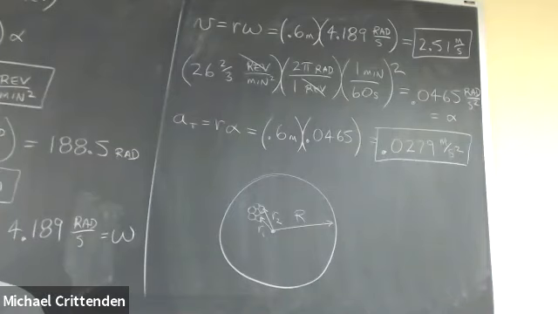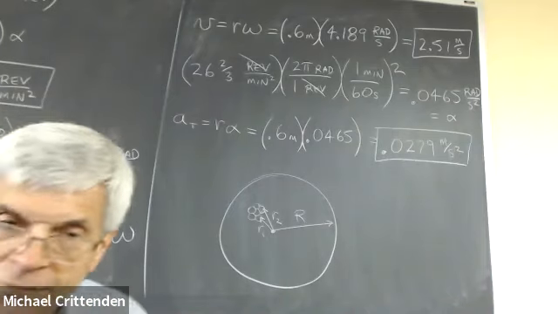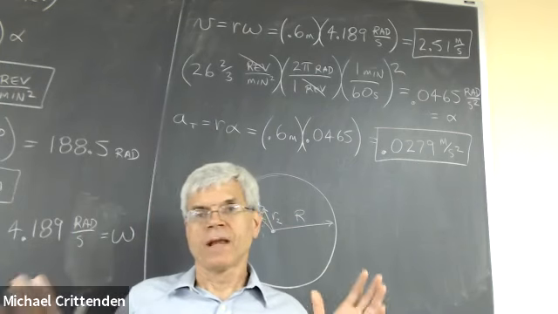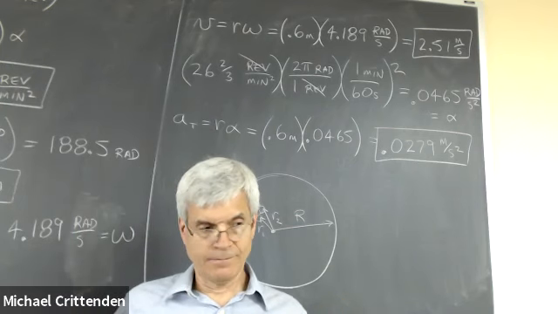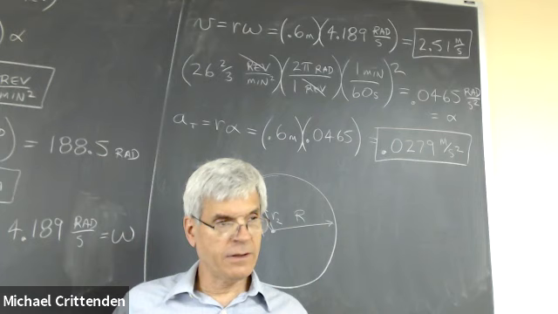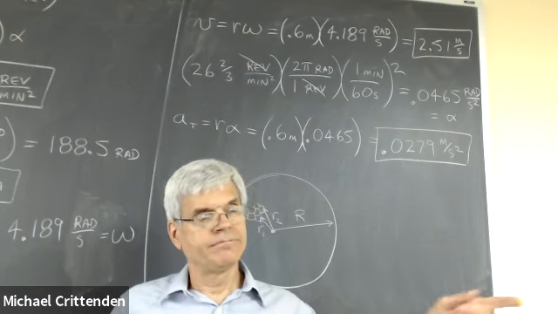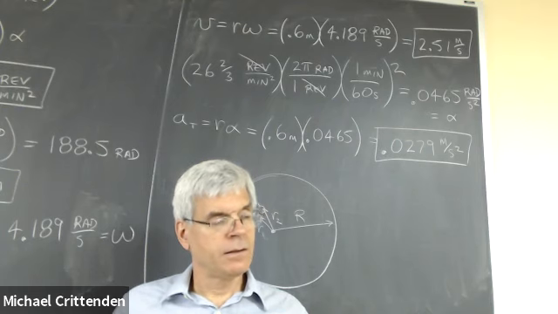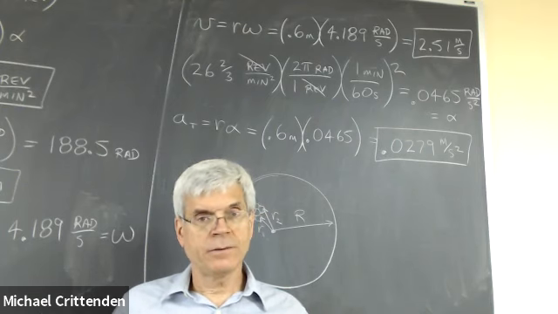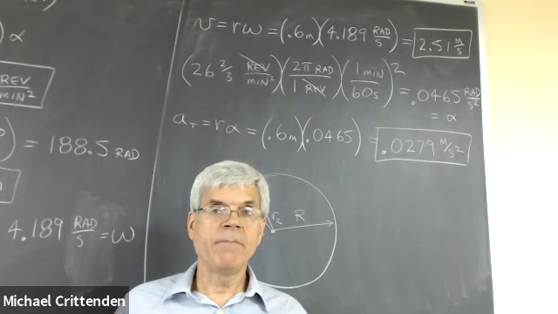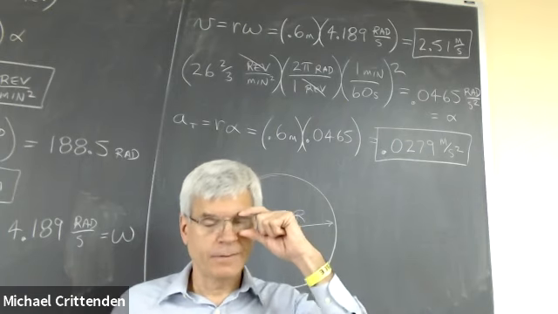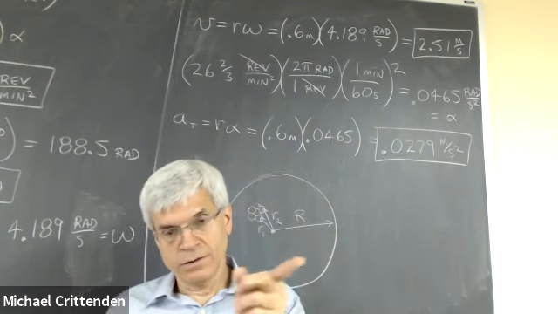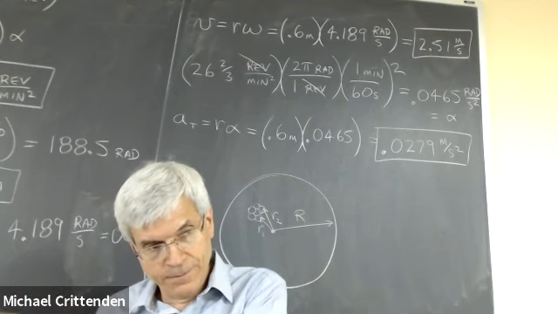So if you're talking about translational motion, if you're just going to push a glider down an air track, then the inertia is determined by the mass. The mass is the inertia with respect to motion along a straight line.